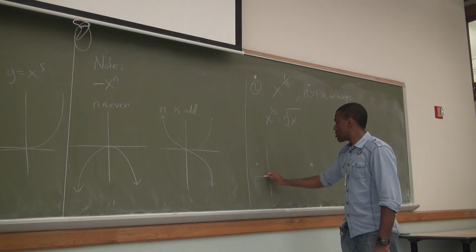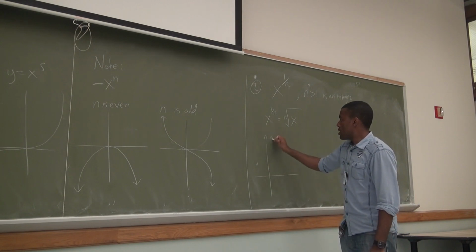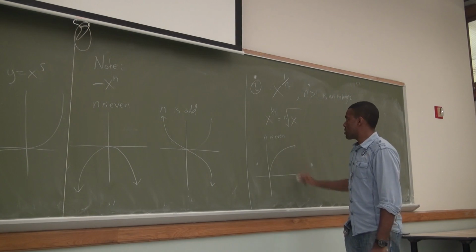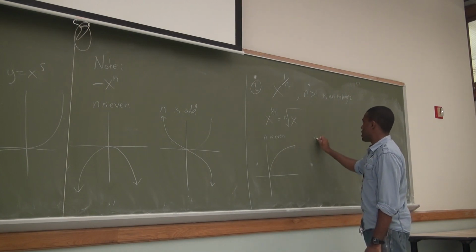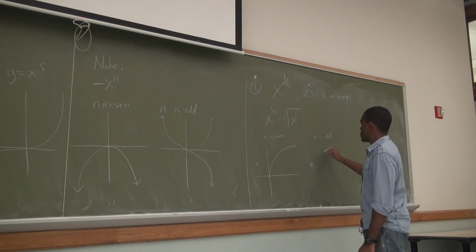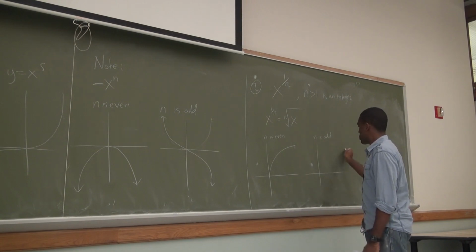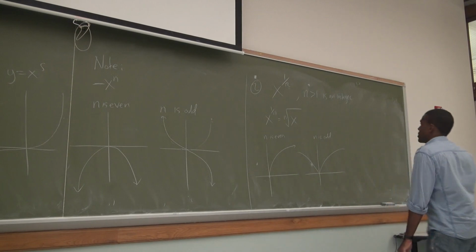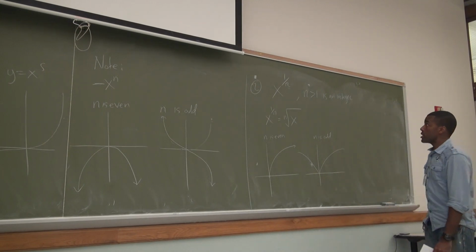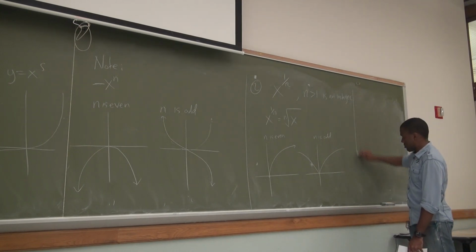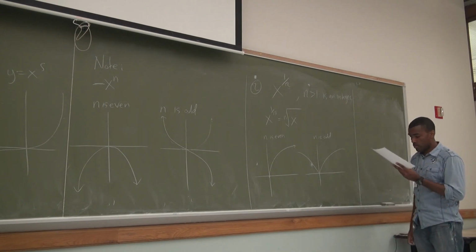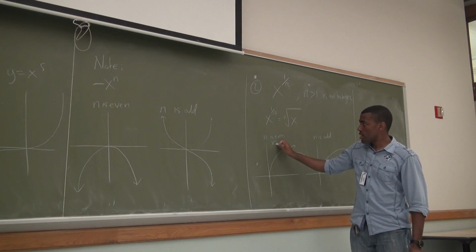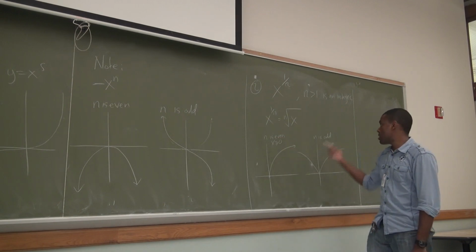So if n is even, it will look like this. If n is odd, it looks sort of like this. And of course the negatives flip things upside down. Notice here when n is even, you require that x has to be greater than or equal to 0, and when n is odd, x is anything.